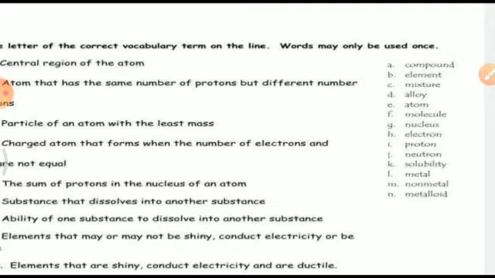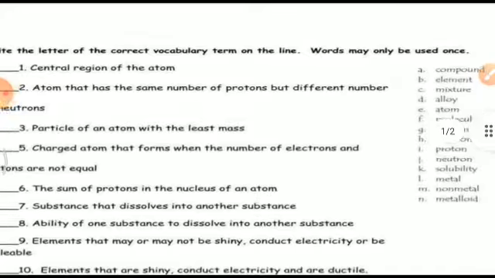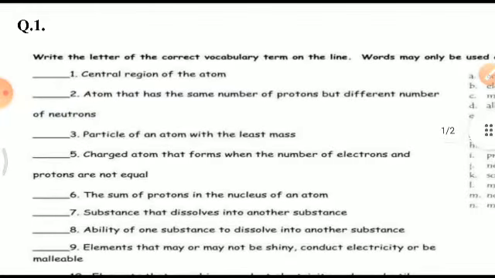I think it is the one that forms when number of electrons and protons are not equal. It has to be ions. Actually, this has to be ions. The choice is not there. So you can write ion here.